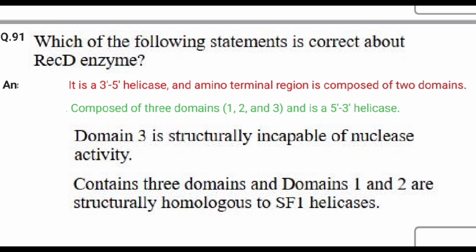For this, the correct answer is: the RecD enzyme is composed of three domains, 1, 2, 3, and it is a 5 to 3 prime helicase.